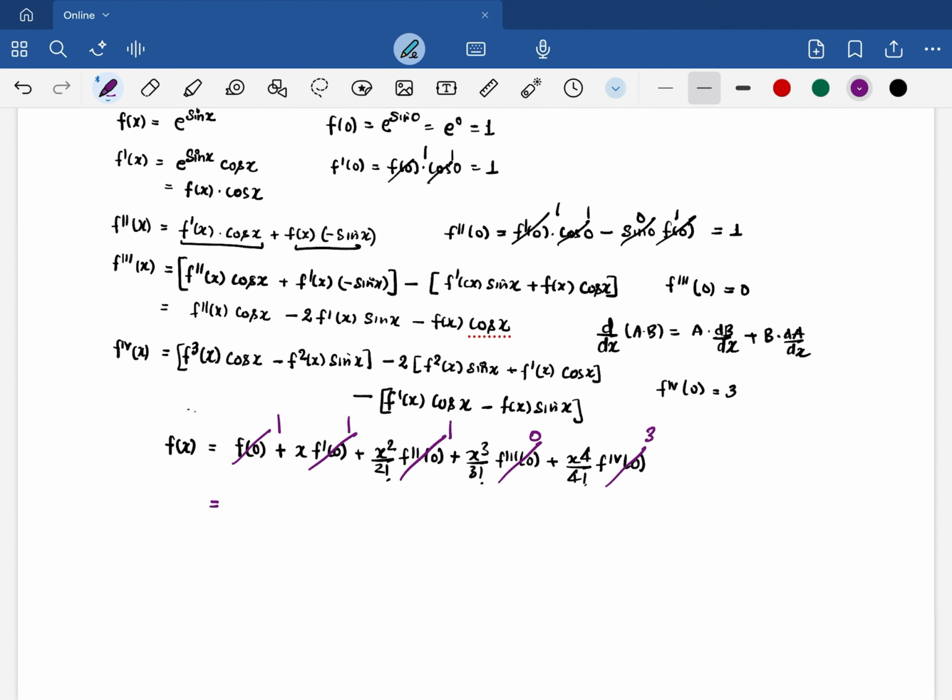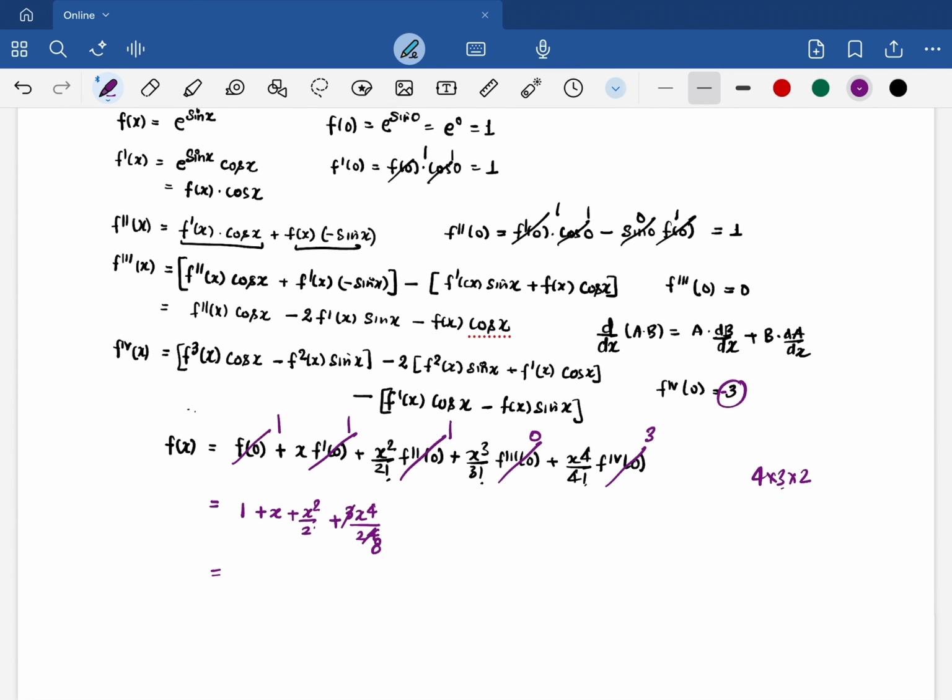So can we say this is 1 plus x square upon 2 factorial, that is 2, plus x to the power 4 upon 4 factorial, that is 4 into 3 into 2, 12, 24, and this is 3, so this will be 8, and here this is minus 3, the value will be minus 3.